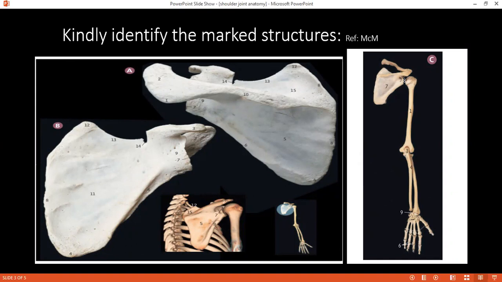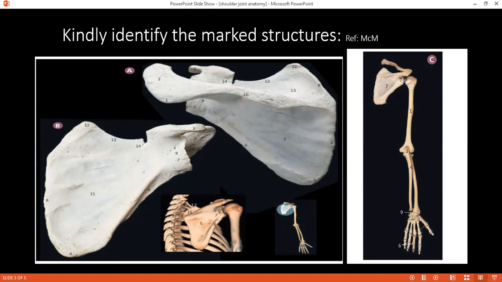Okay, good. Can you tell me their nerve supply as well? Which nerve supplies the muscles of the rotator cuff? The suprascapular nerve supplies two muscles, supraspinatus and infraspinatus, the teres minor by the axillary nerve, and the subscapularis is supplied by the subscapular nerves.